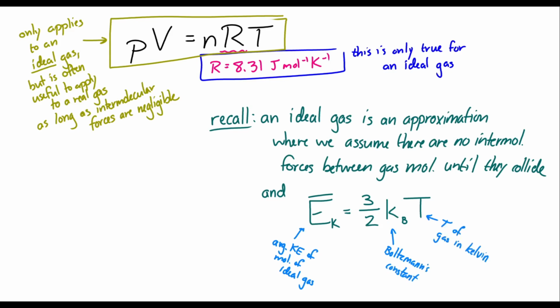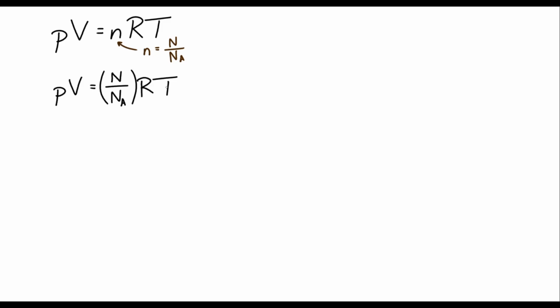Now, we can take the ideal gas law, or the equation of state of an ideal gas. We can take PV equals nRT, and we can rearrange it a little bit. If we do that, well, let's see. n is equal to N over N_A, right? So we can replace little n with capital N over Avogadro's number. And then we get this expression, and then we can rearrange it over here.